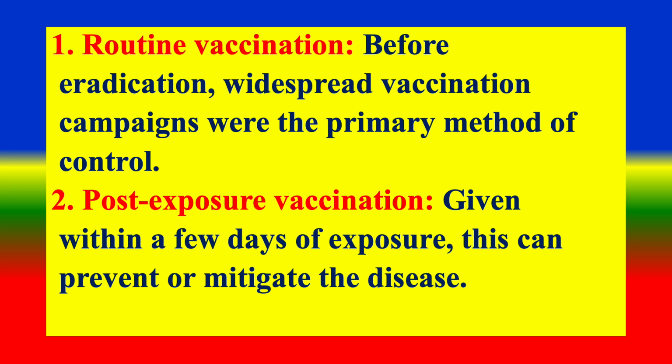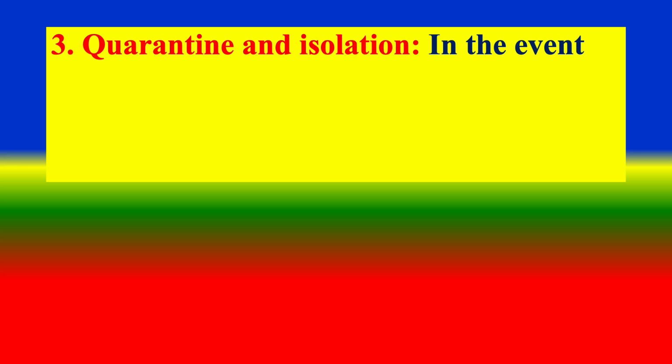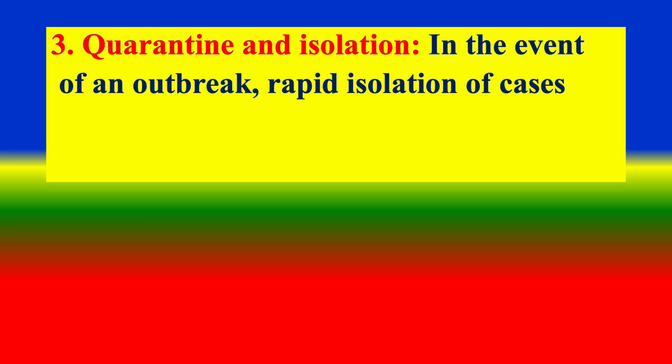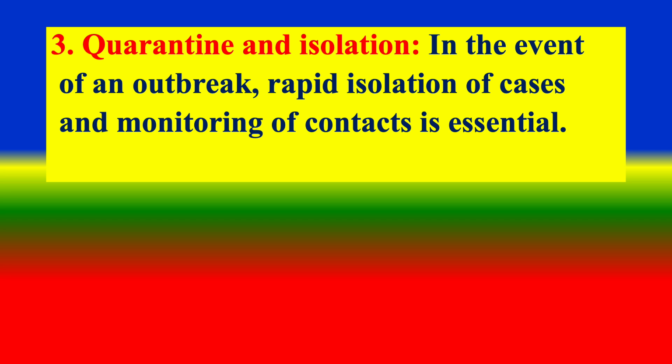This can prevent or mitigate the disease. 3. Quarantine and isolation in the event of an outbreak. Rapid isolation of cases and monitoring of contacts is essential.